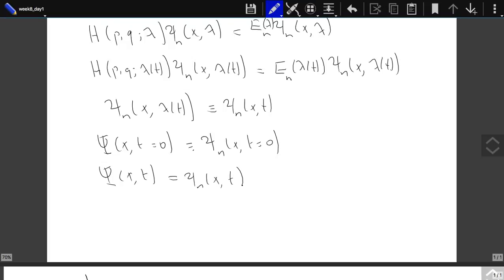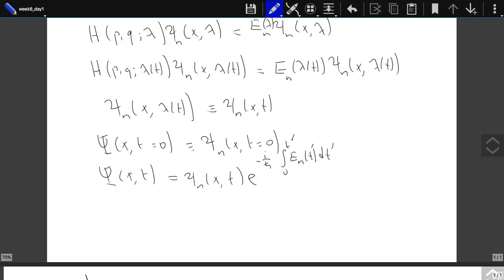Even if the parameter was time independent, there is a time dependence due to the energy. Since this is an eigenstate, it will be just a phase. And now in this case, the energy depends on time also, so we get this integral, minus i over h bar, E n of t prime dt prime from 0 to t.